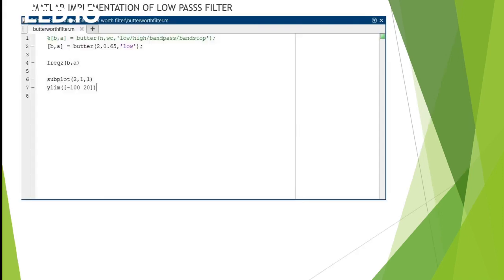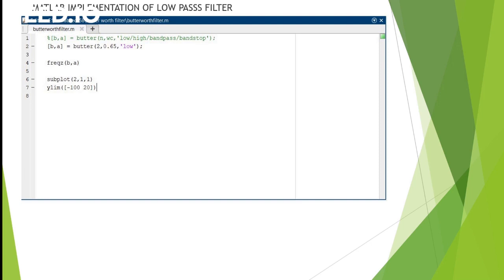For the implementation of the low pass filter, we'll be using the below given functions which are inbuilt in MATLAB. The function [b, a] is equal to butter of n, omega c, filter type represents a Butterworth filter of order n with cutoff frequency omega c and the type of filter.